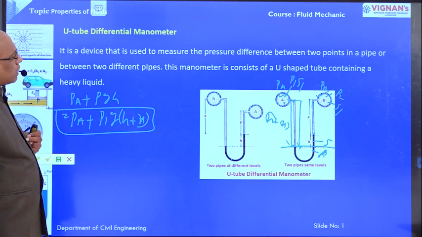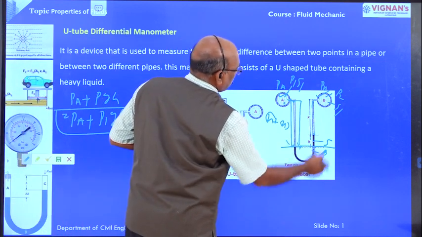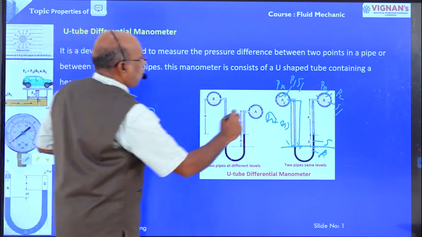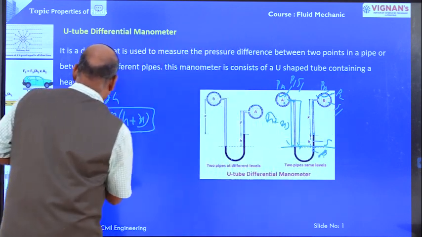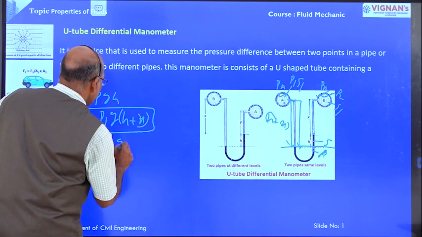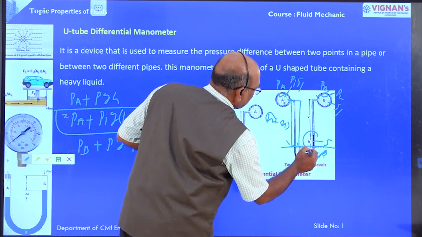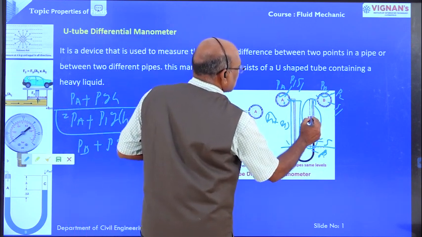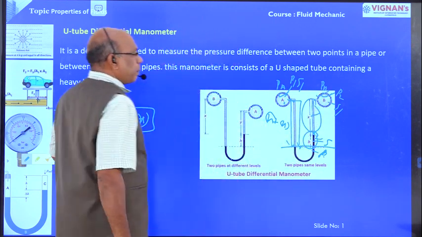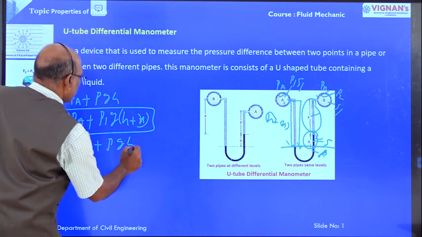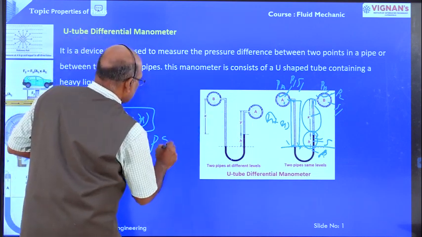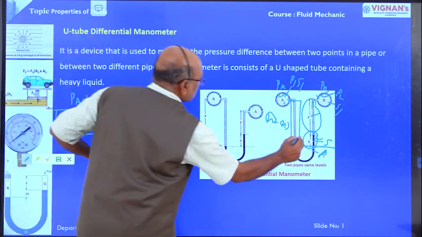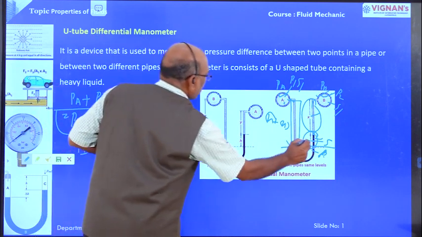Right. Now what are the right side pressures? The right side pressure is equal to PB, the pressure at point B, plus rho G H. Because of this liquid column one pressure, and because of this liquid column another. This is the heavy liquid column, and this is the liquid column of the flowing liquid in pipe B. One pressure is because of the pressure at point B, one pressure because of this liquid column, and one pressure because of the heavy liquid column.